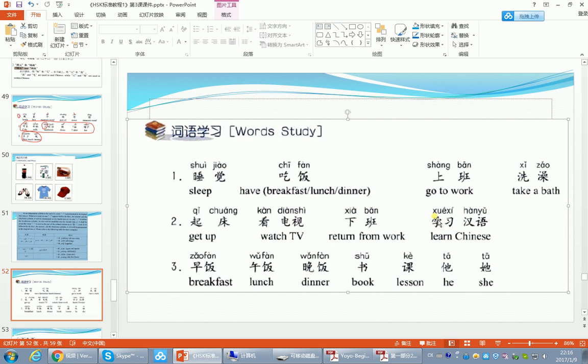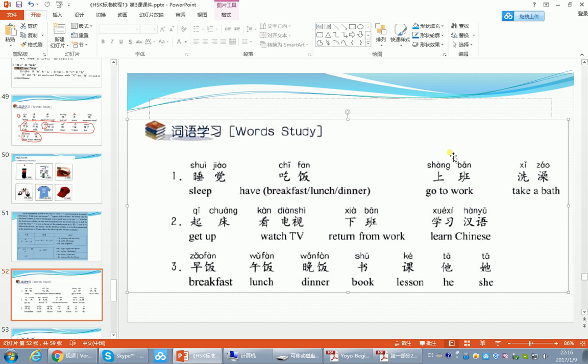Now I teach you how to ask when you usually do these things. We say 你几点睡觉, when do you sleep? 你 is you, 几点 what time. So it is you what time sleep. That's the Chinese order. You what time have a meal, 你几点吃饭.